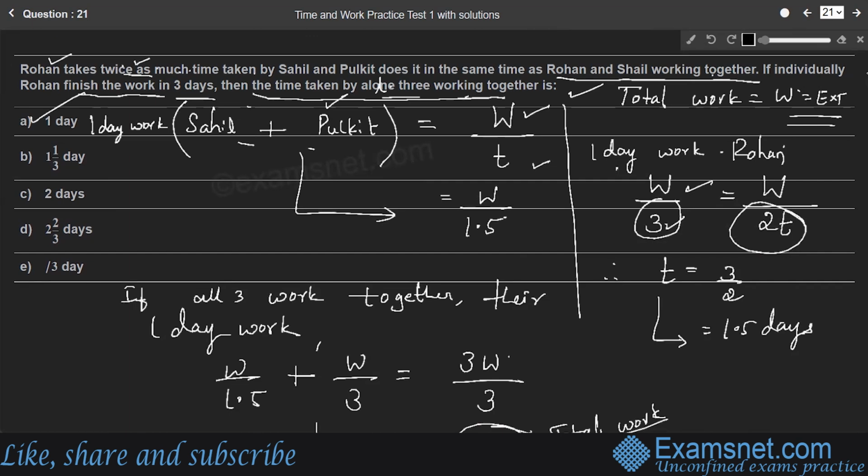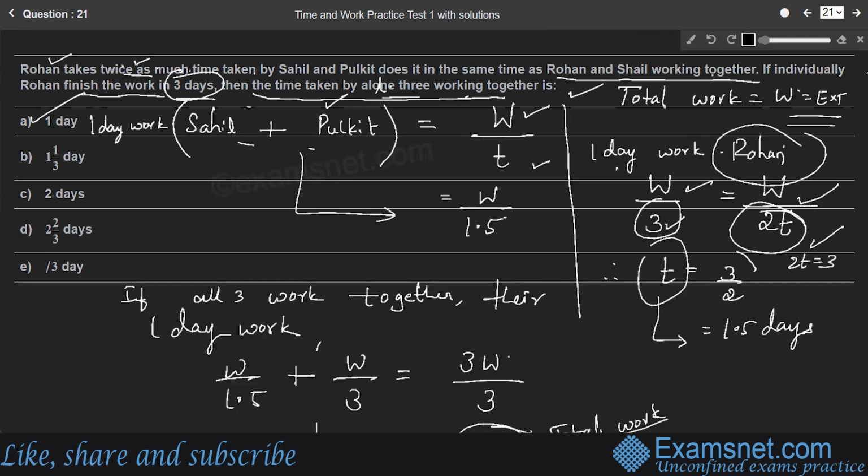Students, in this question, first we need to find the time taken by Rohan to complete the whole work, which is already given. Rohan finished the work in 3 days, therefore his one day work becomes W by 3. Also it is given that he takes 2 times the time taken by Sahil and Pulkit, therefore by formula it becomes W by 2T. So we can equate 2T and 3.